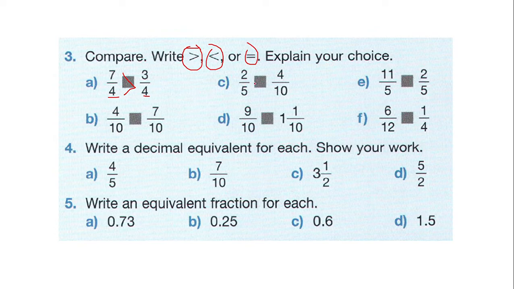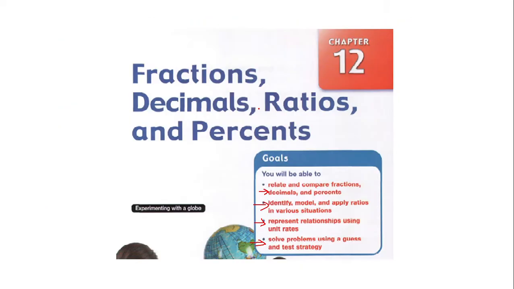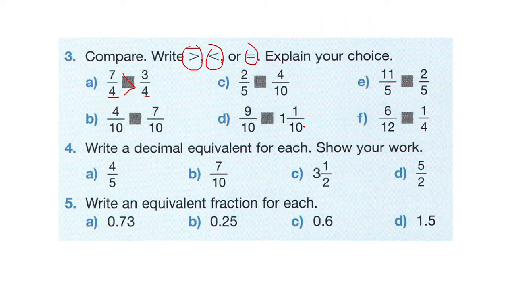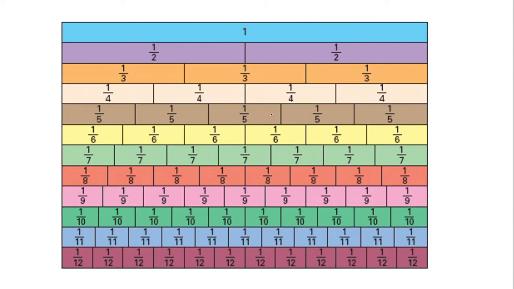The next one is 2/5 and 4/10. So let's take a look at our work up here. We'll just erase a little bit of this. If we go back to what our question's asking, it's 2/5 and 4/10. If we look at 2/5, that's right here.